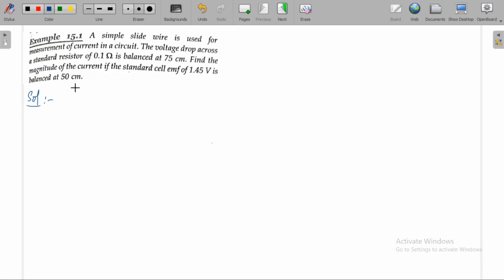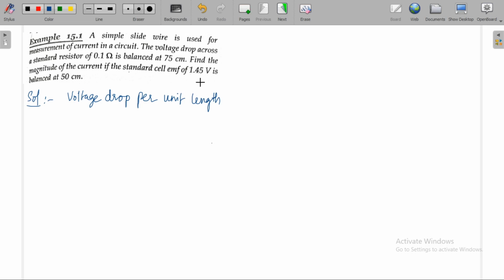Solution. What is the voltage drop per unit length? For the length of 50 centimeters of slide wire, you're going to have 1.45 volts.